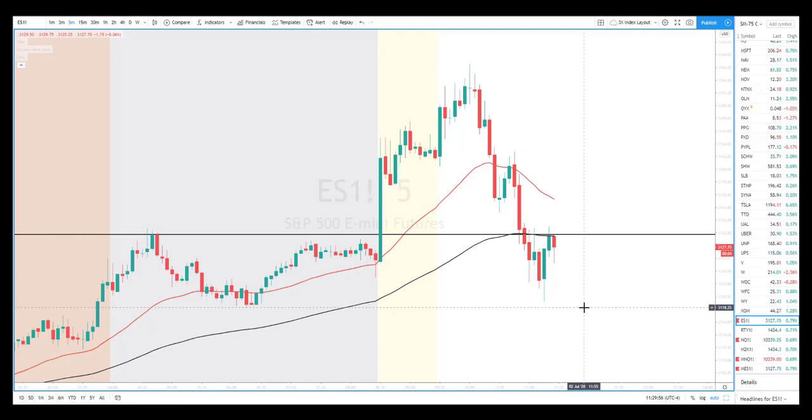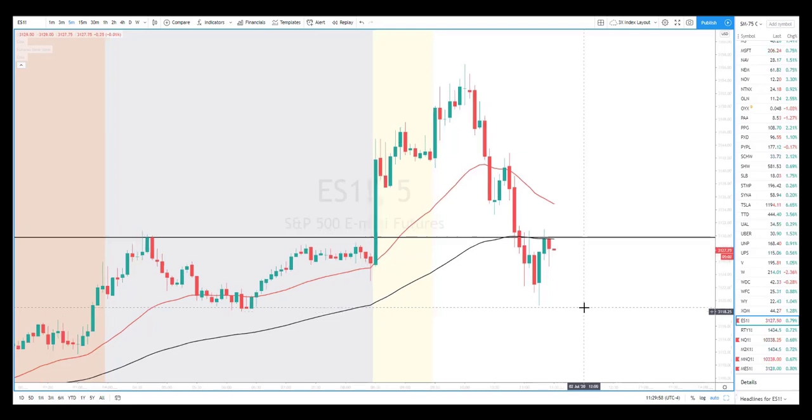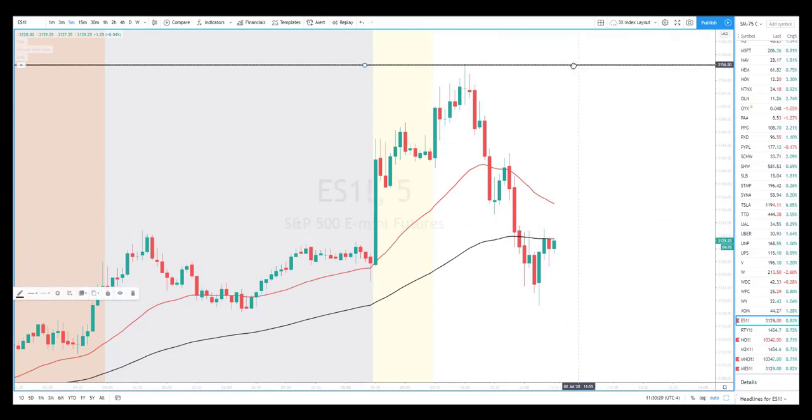It's been around for a long time, and there are a lot of different ways to do an open range trade strategy. When I first was introduced to it, it was a 1 hour open range. So the market opens at 9:30 and you wait for 1 hour to go by. So at 10:30, you then mark the highest point in that hour and you mark the lowest point in that hour.